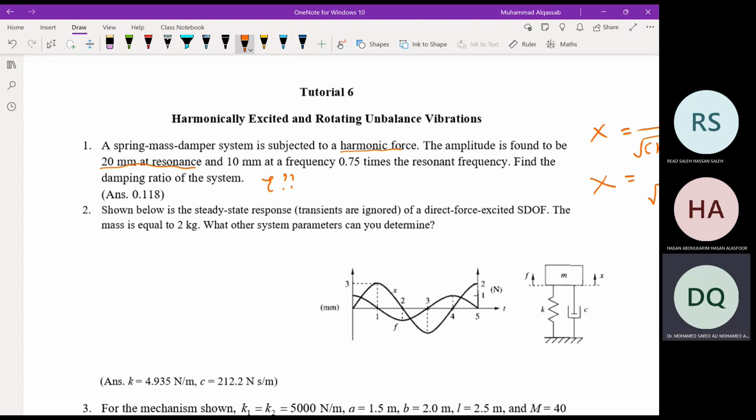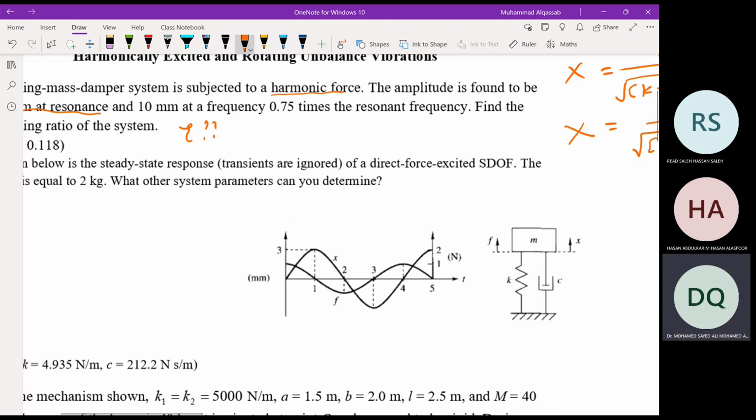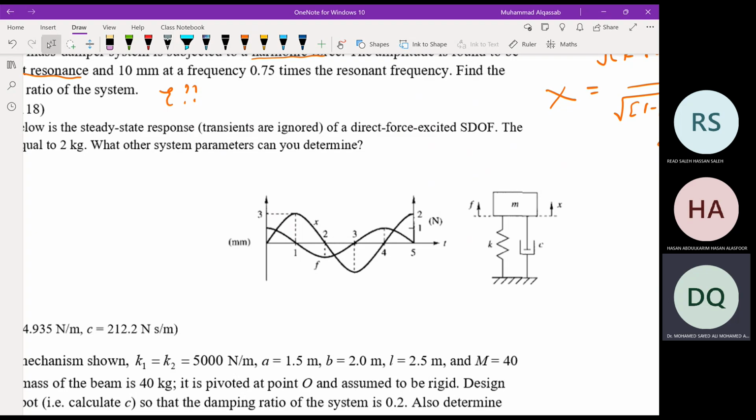As you can see, this is a spring mass system with a damper, subjected to a harmonic force F. Usually we use capital F equal to F naught sine, but it is shown here as cosine omega t. There are 2 graphs added here.